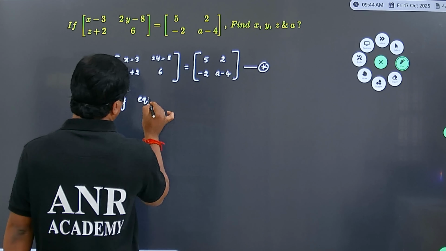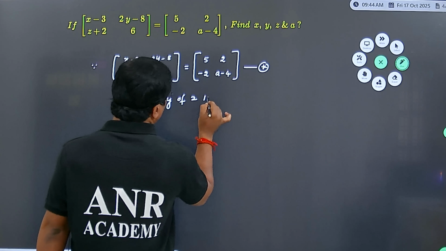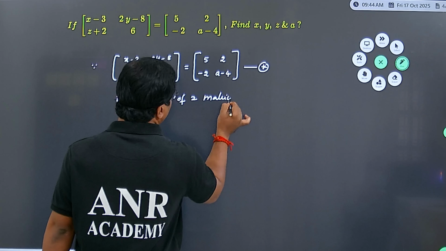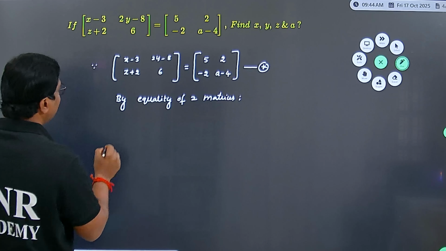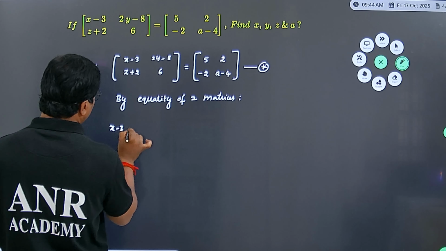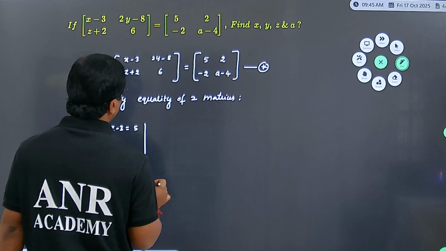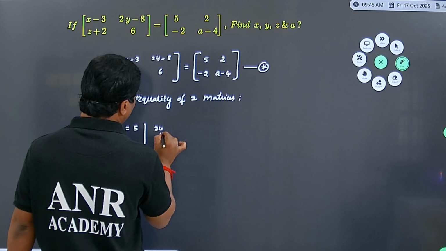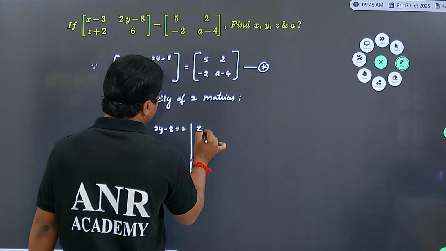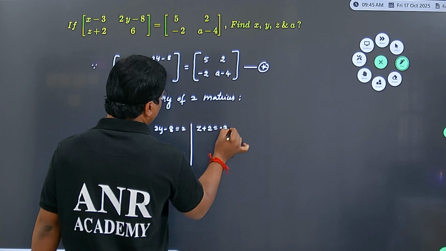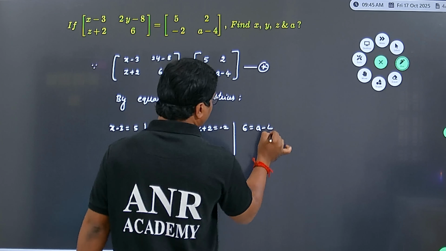Therefore, by equality of two matrices, corresponding entries should be equal. So x minus 3 equal to 5, first one. Next 2y minus 8 equal to 2, and then z plus 2 equal to minus 2, and after that 6 equal to a minus 4.